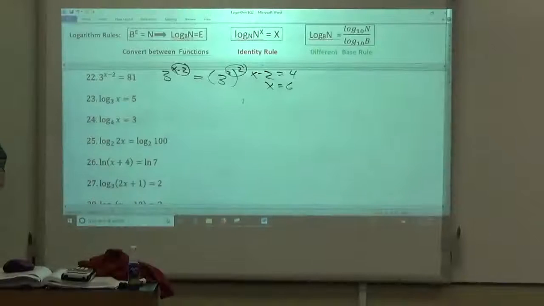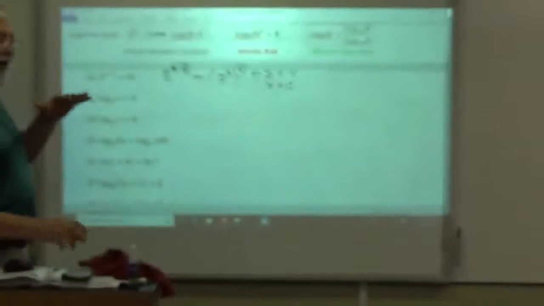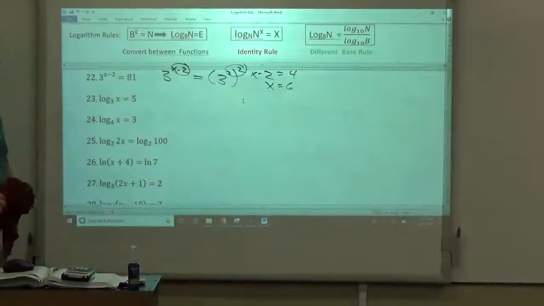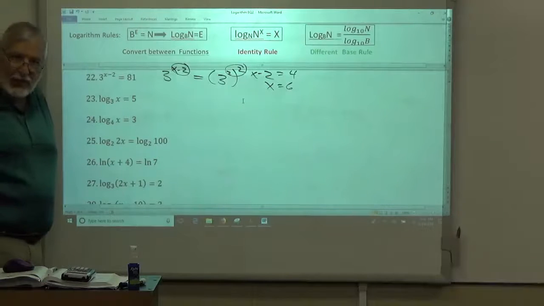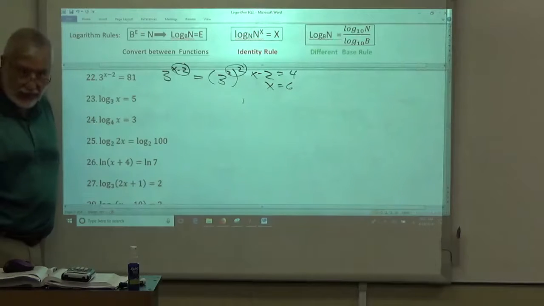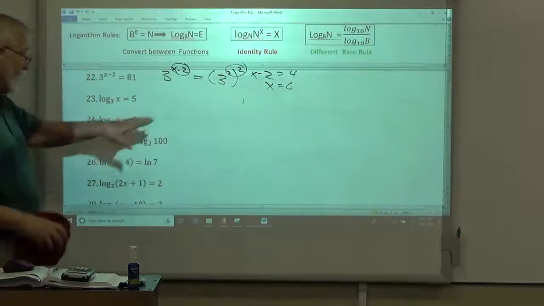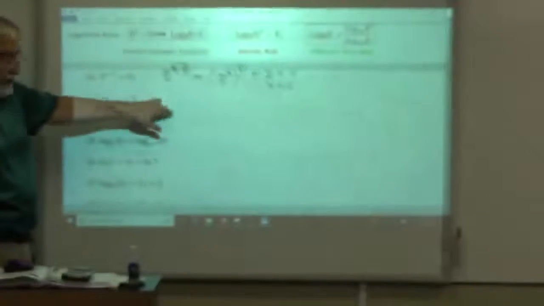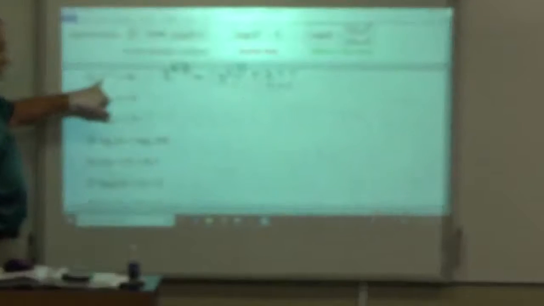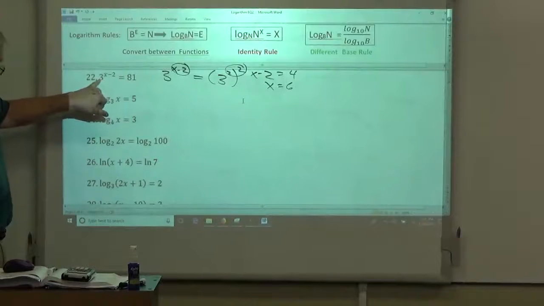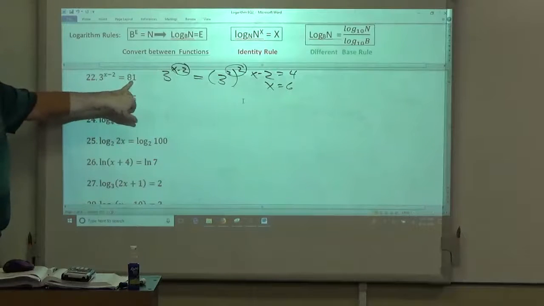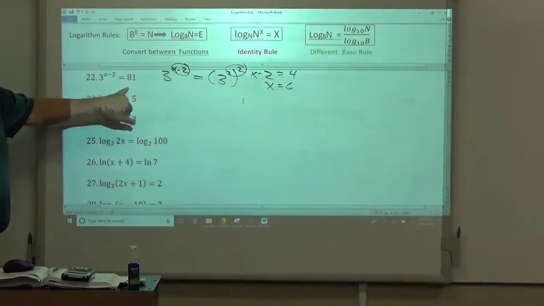Magic. All right, and there is a section that works without a calculator. And without a calculator, that would be the way you would attack the problem. You would try to be able to say, in order for me to do this, this base and this number have to have the same base. Right. Okay?